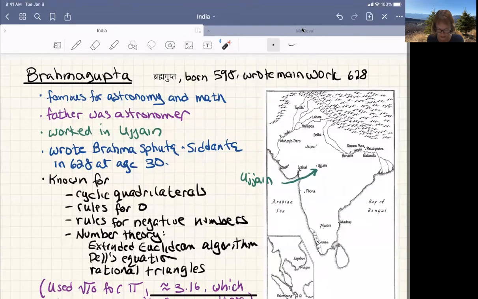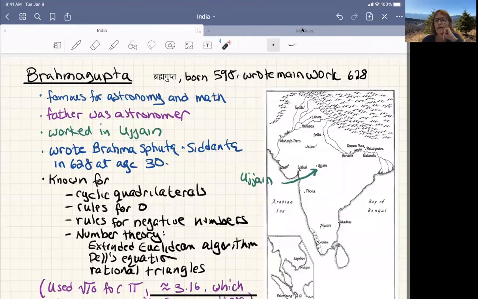He worked in the city of Ujjain, which is basically in north central India. He wrote his main work called Brahmasphutasiddhanta in 628 at the age of 30.